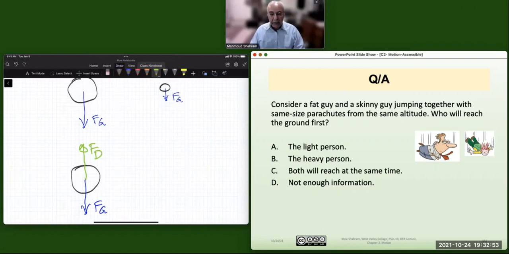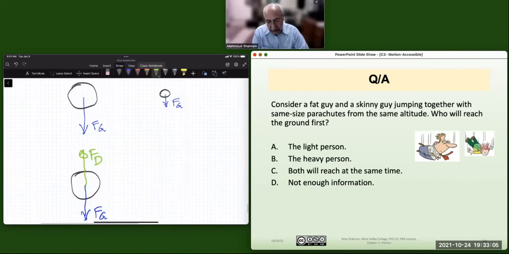From that point on, it's going to go with its terminal velocity. Now, this guy is coming down. Its FG is smaller. When he gets to somewhere here, FG and air drag become equal, and it gets to its terminal velocity over there.